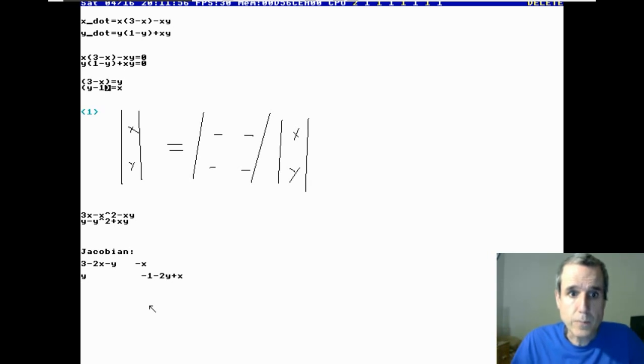Okay, so y is equal to 3 minus x, and y is equal to x minus 1.